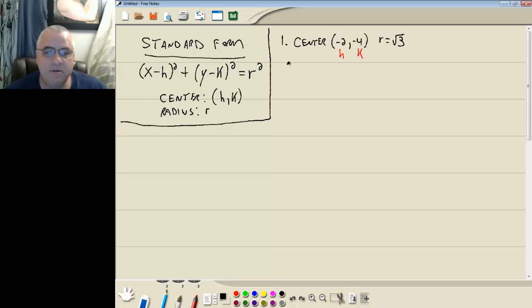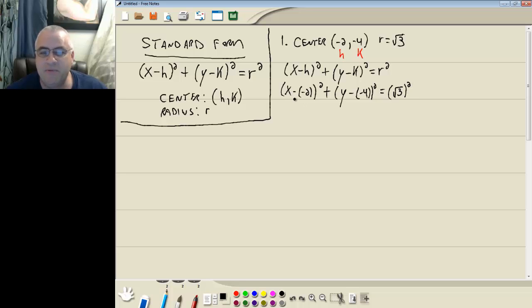So we're just going to plug those into our formula. So we've got (x − h)² + (y − k)² = r². And h we said was −2, so we're going to have (x − (−2))² + (y − (−4))² = (√3)².